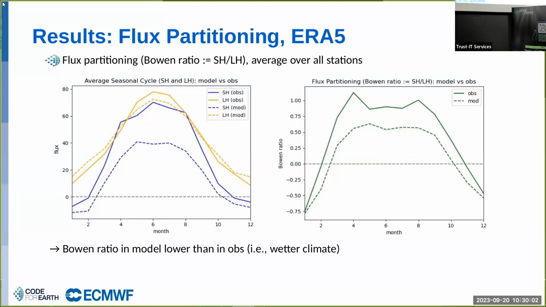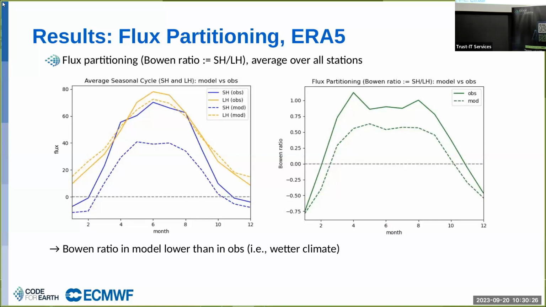Here you can see on the left plot the seasonal cycle, with the month on the x-axis, and then the sensible and latent heat flux for the obs and the model. You can see that the sensible heat flux for the obs is much larger than for the model, whereas for the latent heat flux there are just smaller differences.